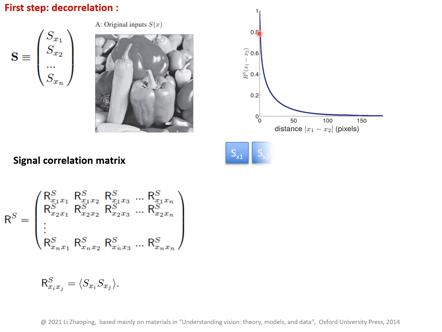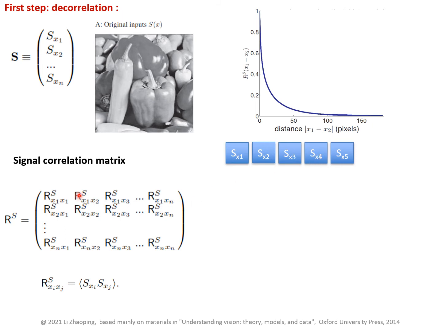If you have an array of pixels, let's say x1, x2, x3, x4, and x5, next to each other, then the correlation between pixel 1 and pixel 2 is the same as the correlation between pixel 2 and pixel 3, because the distance between them is the same. It only depends on the distance, and the same goes for 3 and 4, and so on.